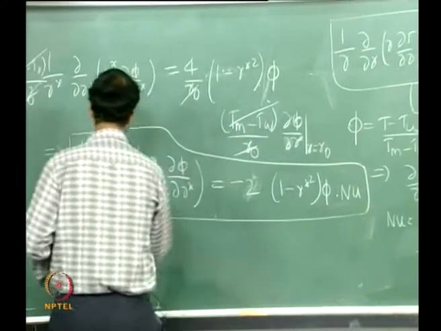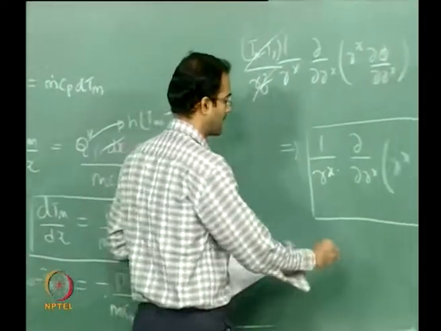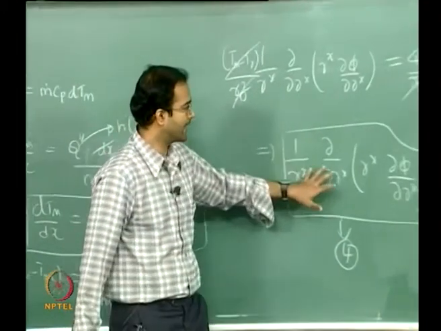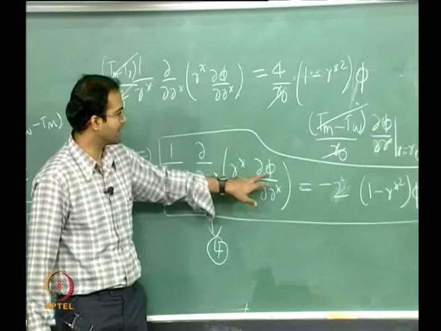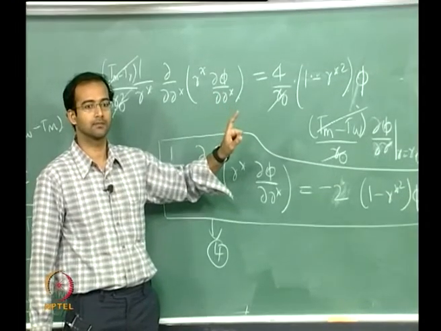This is my final expression. You see this has reduced to an ODE now; I will call this number 4. This entire expression is now a function of phi, and phi is a function of only r.